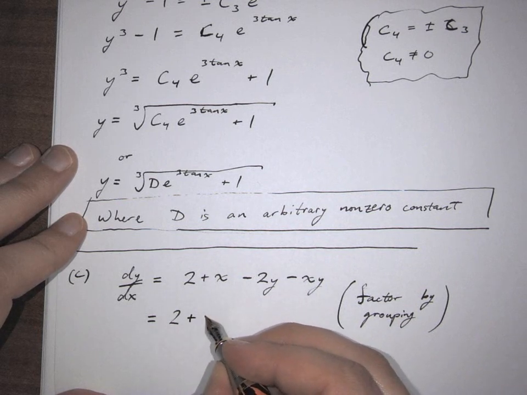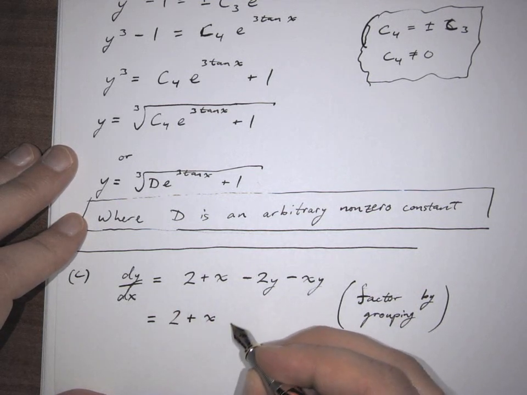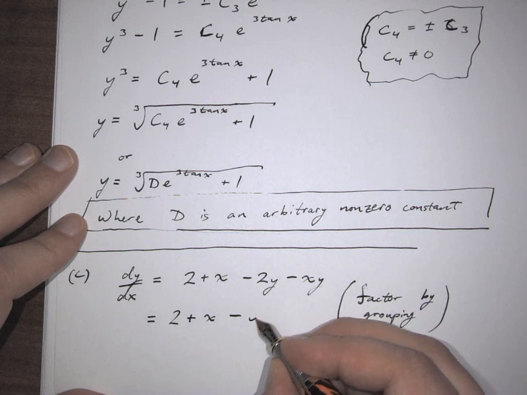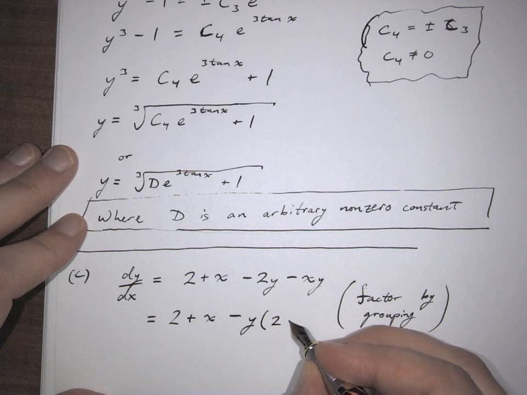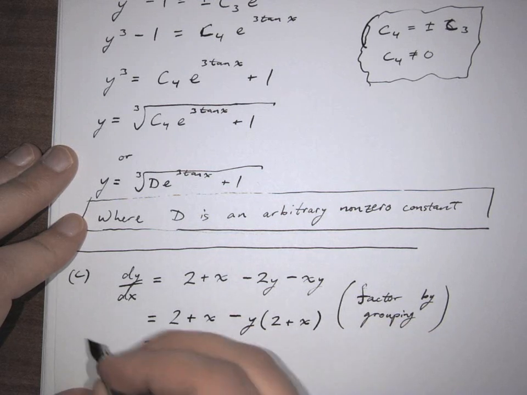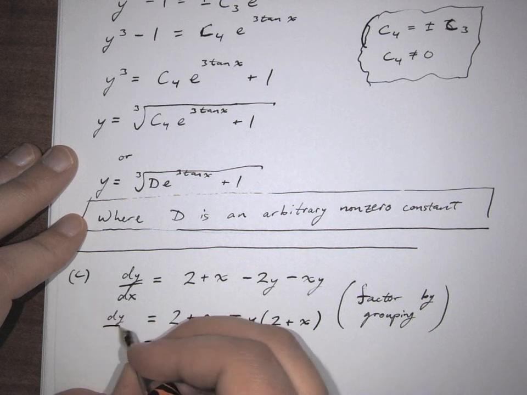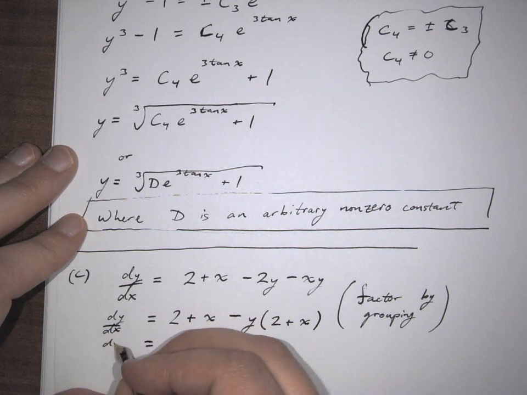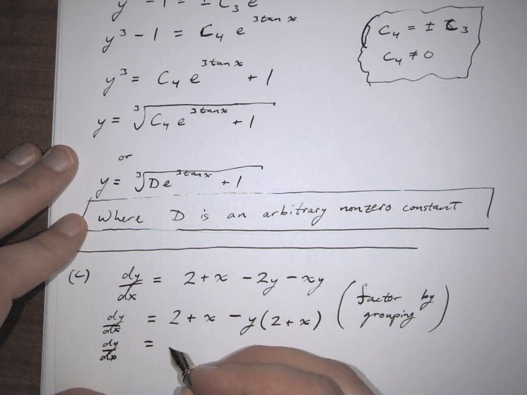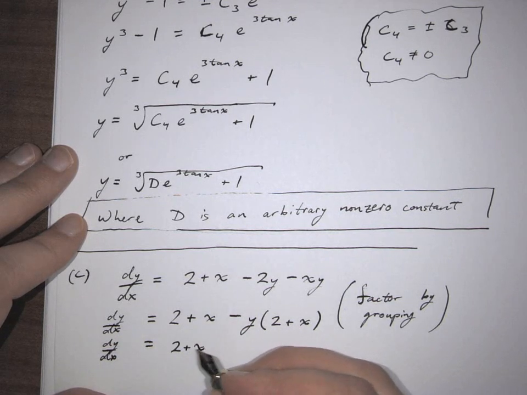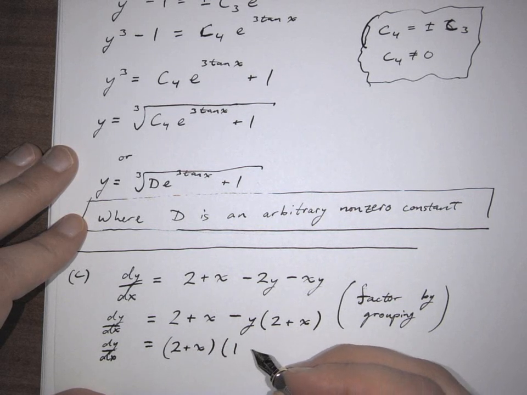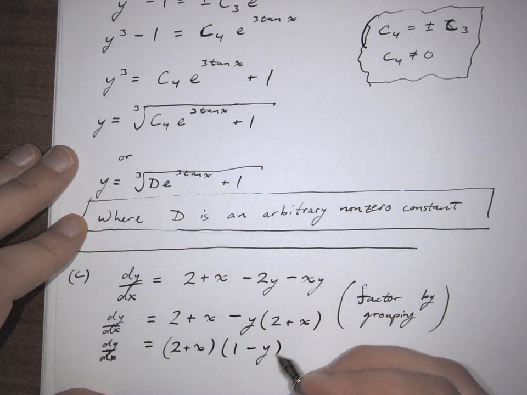So what we have here is 2 plus x minus y times 2 plus x, which is still dy/dx. So this is now going to be 2 plus x times 1 on that first factor minus y for the second factor.